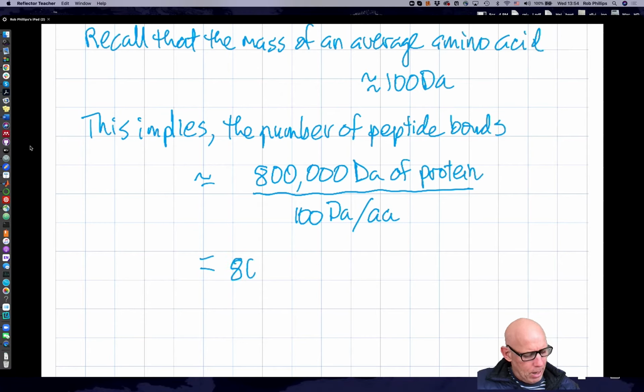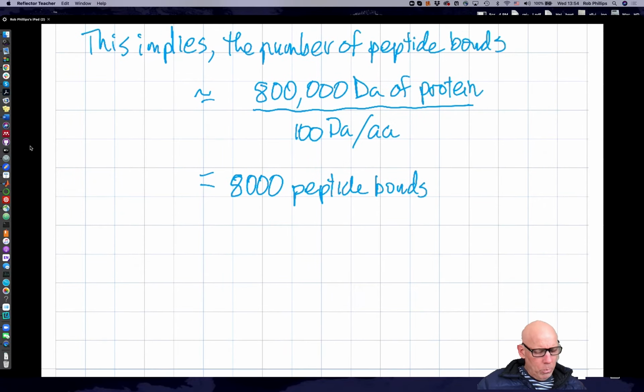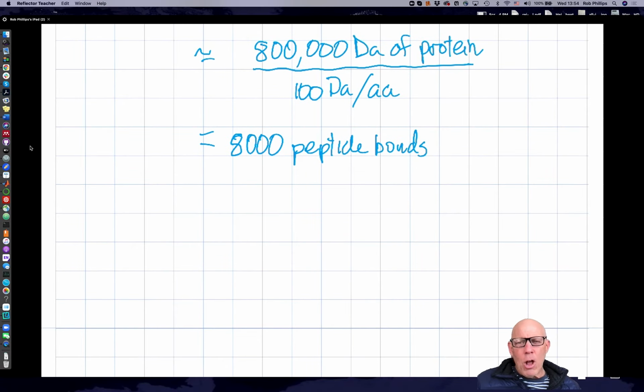It yields 8,000 peptide bonds. So what I'm saying is that in order for a ribosome to make another ribosome, it needs to perform 8,000 peptide bonds. And we can work out how long that takes.